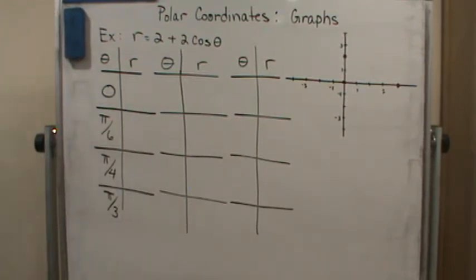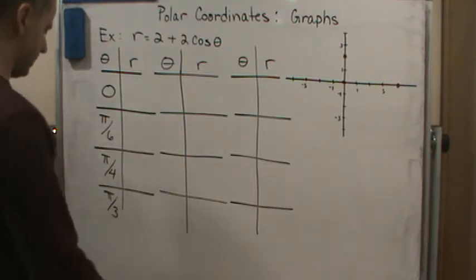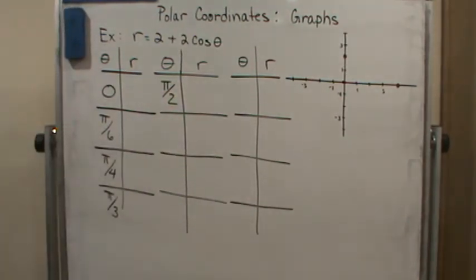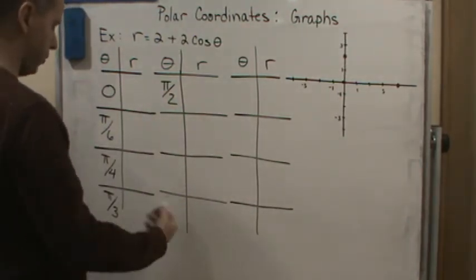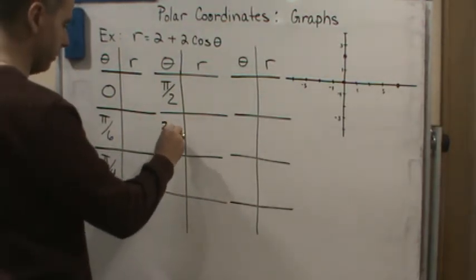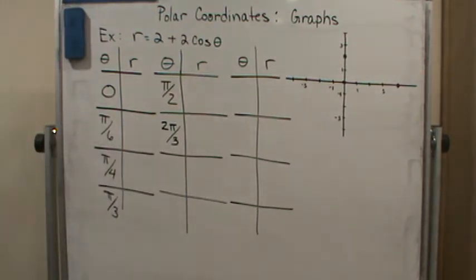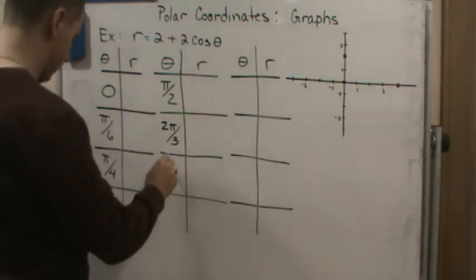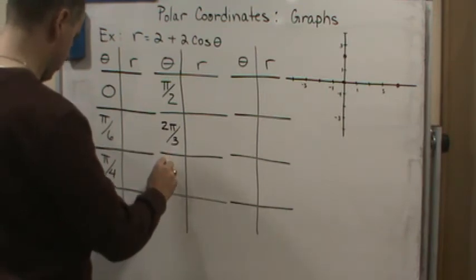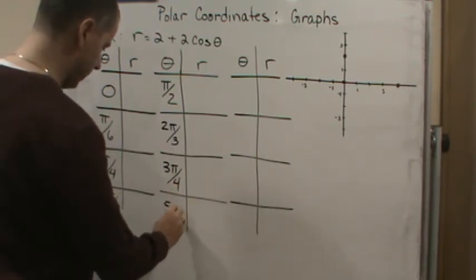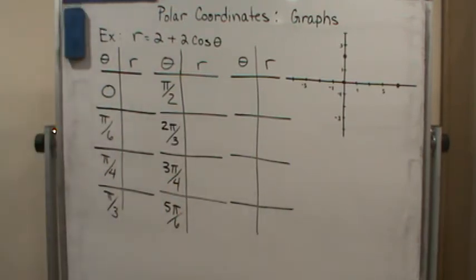Pi over 3, and then we got pi over 2, and then after pi over 2, we've got 2 pi over 3, and then 3 pi over 4, and then 5 pi over 6, right?